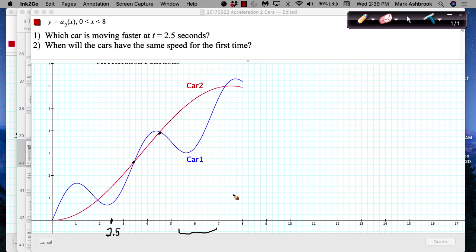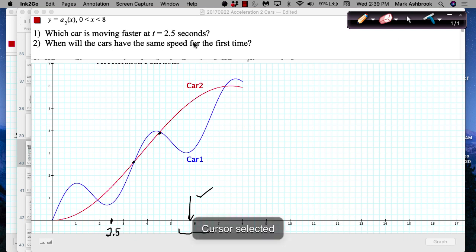How can we know for sure? How can we find out the exact time, pinpoint it, when car 2's speed catches up to car 1's speed? What could we do? Okay, and then what? So we could write a speed function for both.